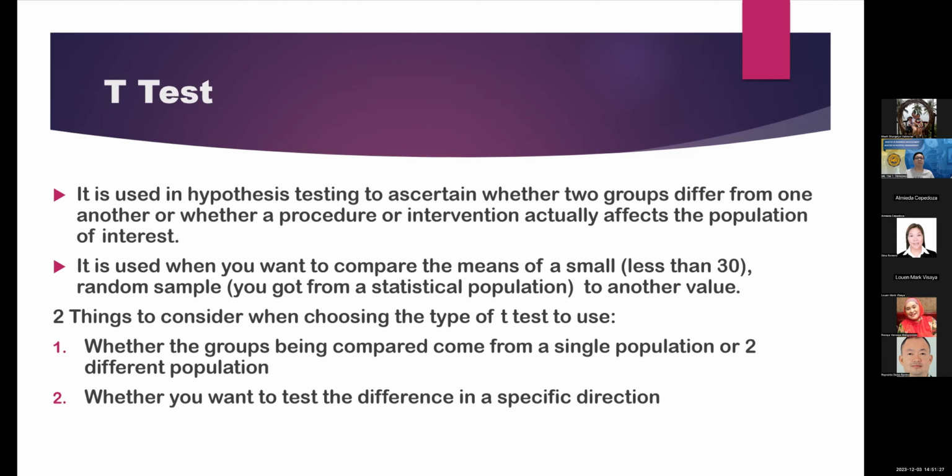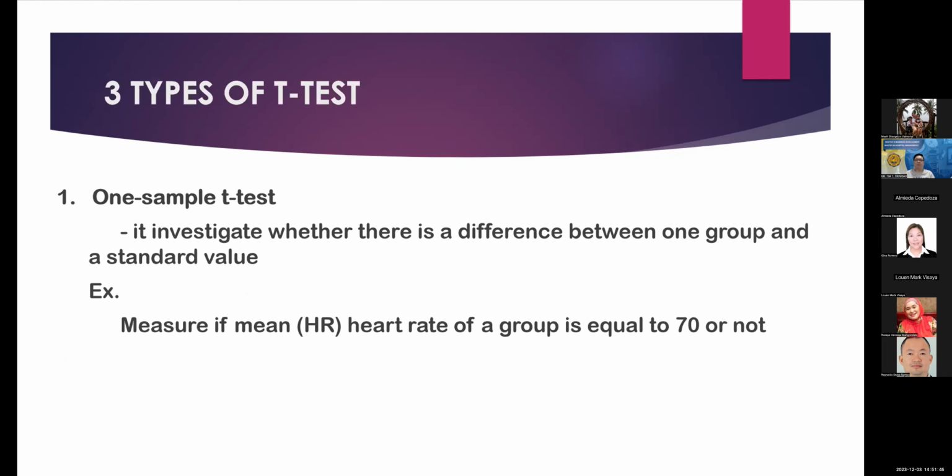There are two things to consider when choosing the type of t-test to use: whether the groups being compared come from a single population or two different populations, and whether you want to test the difference in a specific direction.